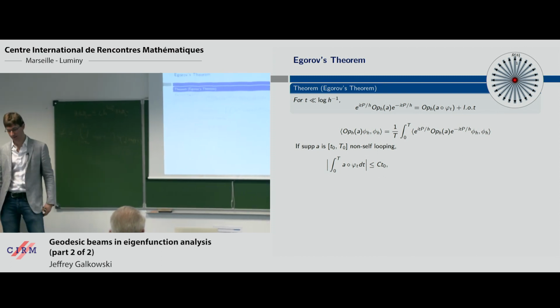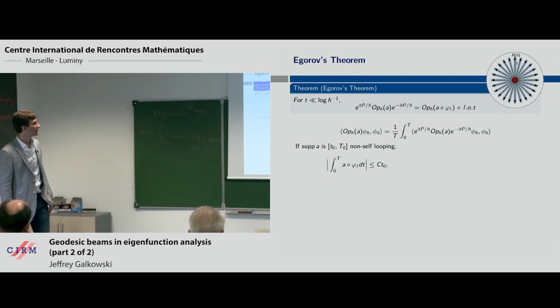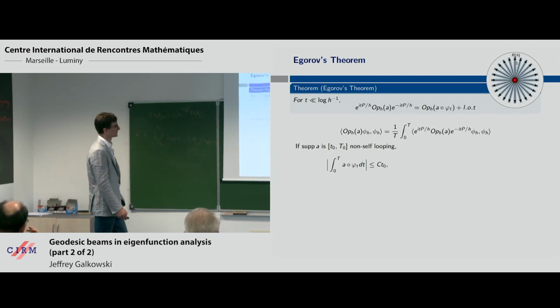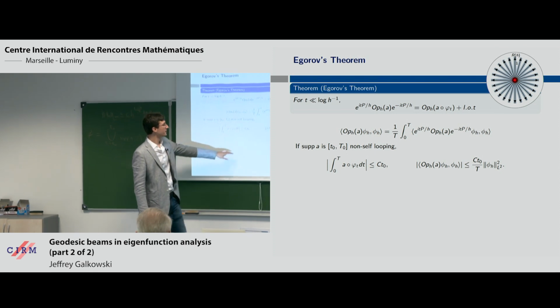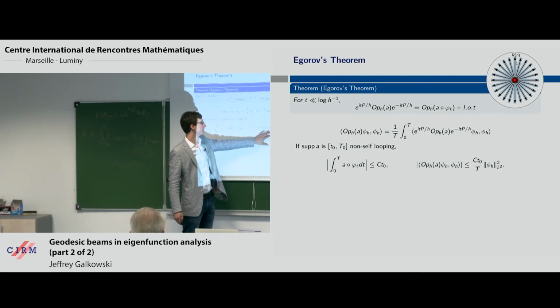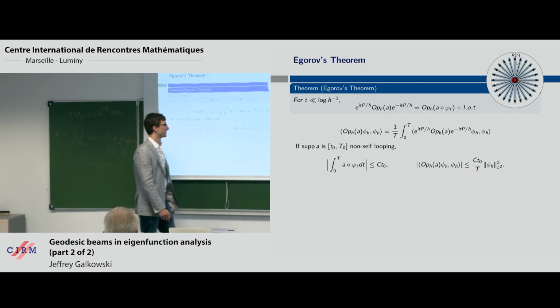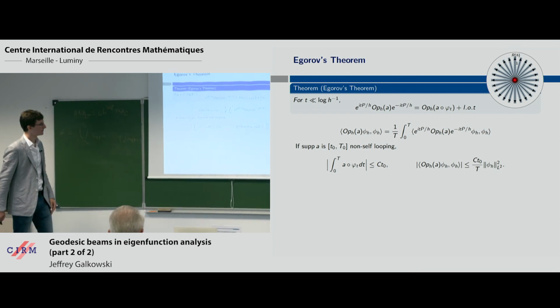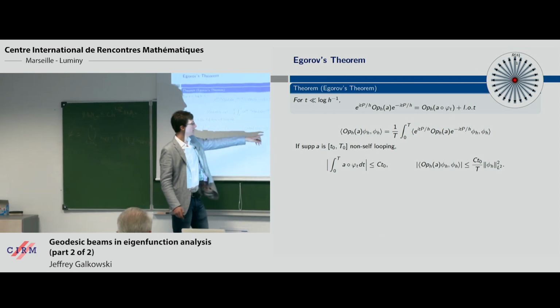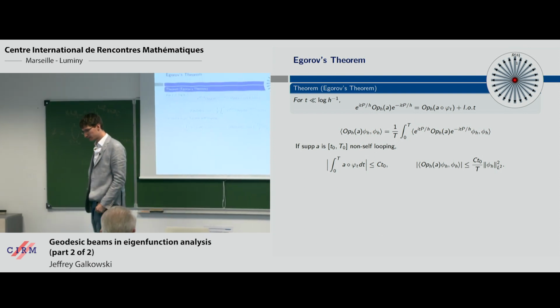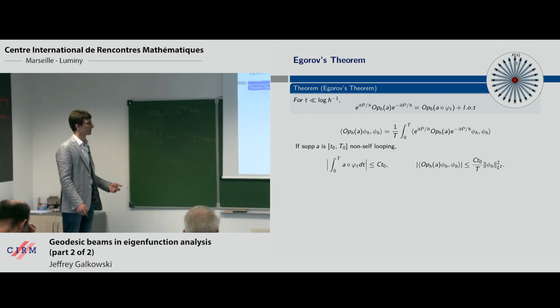It never adds up. And so that symbol is now bounded by a constant times T0. And immediately that tells you that this pairing is controlled by a constant times little t0 over capital T0 times the L2 norm of phi. All right, so that's where non-self looping comes in.